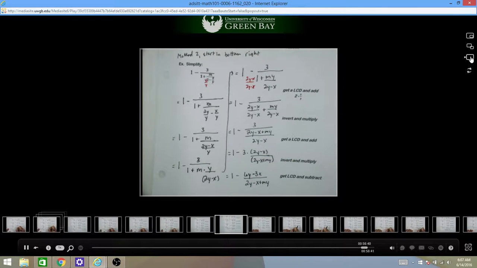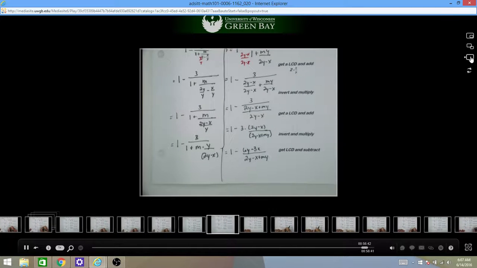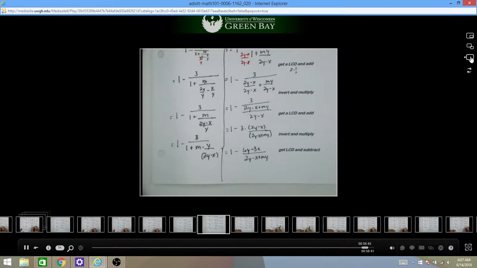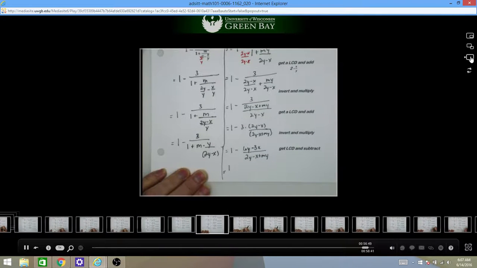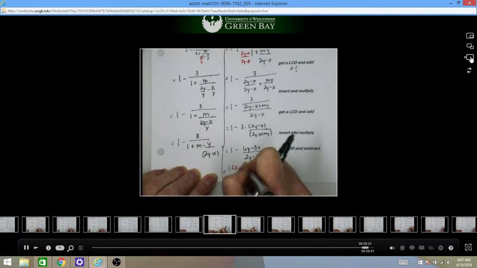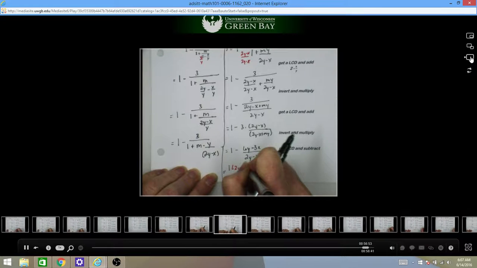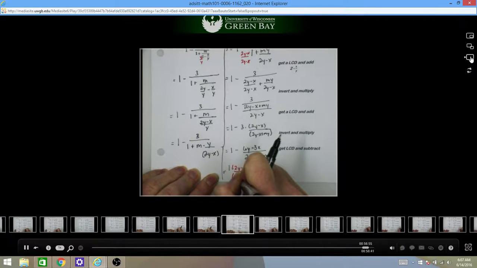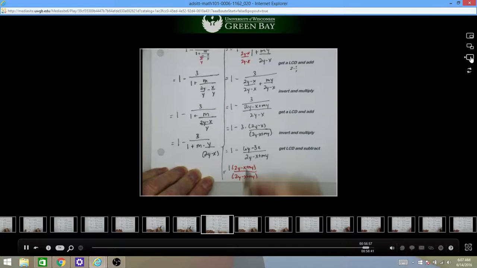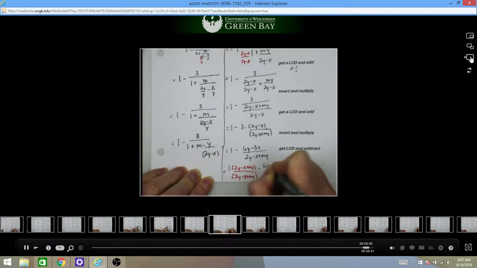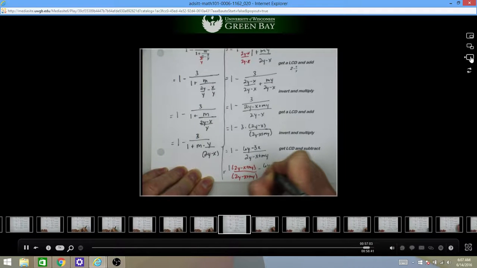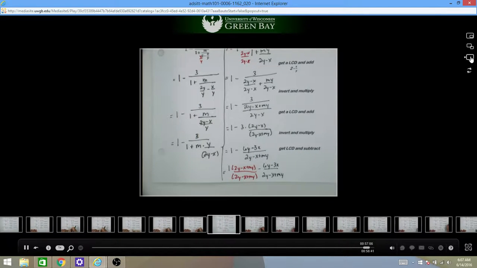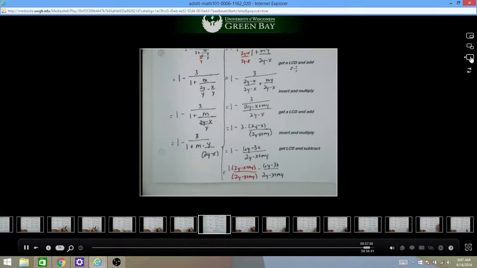So we're almost there now. We just have to add 1 to this negative fraction. So we'll take the 1 and multiply by 2y minus x plus my over 2y minus x plus my. So the denominators have to match before we can subtract, but now they do. They're both 2y minus x plus my.